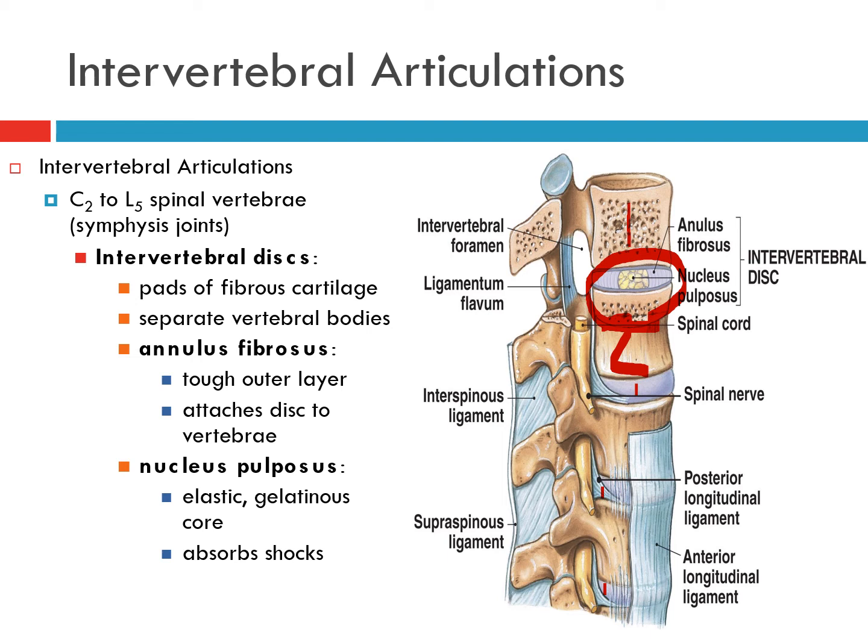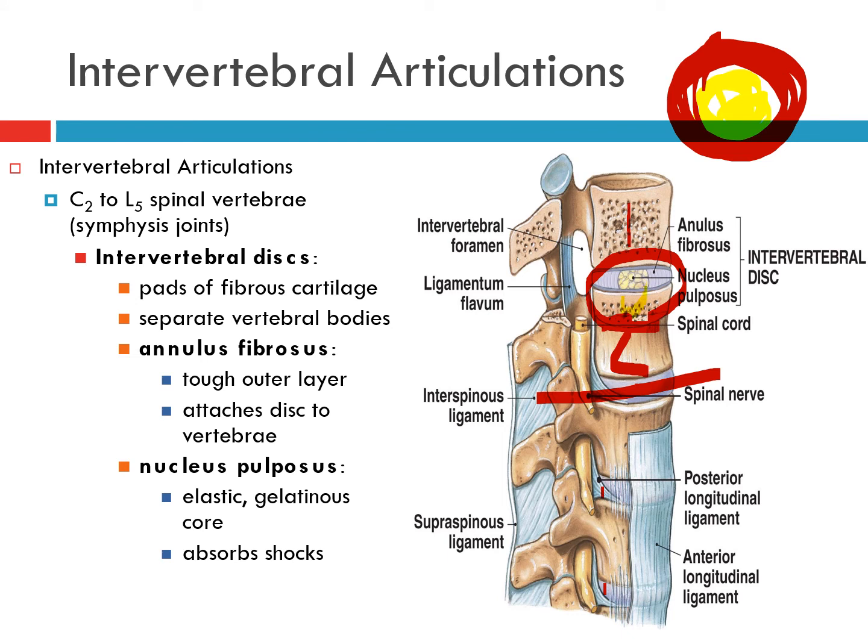The outside layer is called the annulus fibrosus, and those are tough fibrous layers, and they're what attaches the disc to the vertebrae. If you were to cut through here and look down on it, it would look like this really thick ring of tough fibers on the outside. That's the annulus fibrosus. And then the inside is called the nucleus pulposus, and it's this jelly-like core.